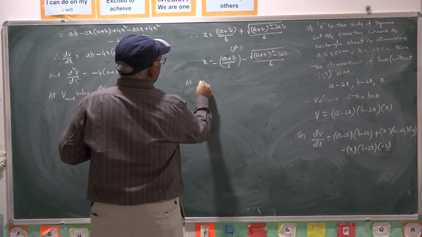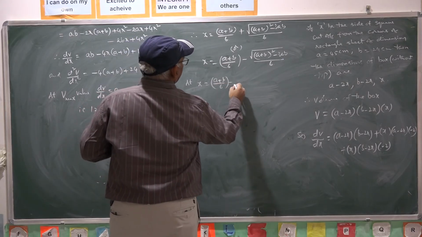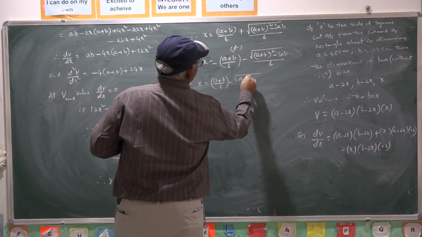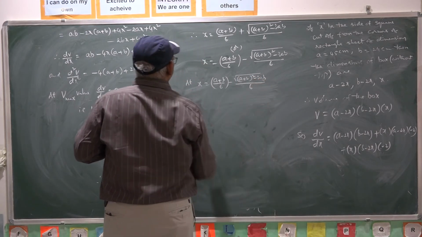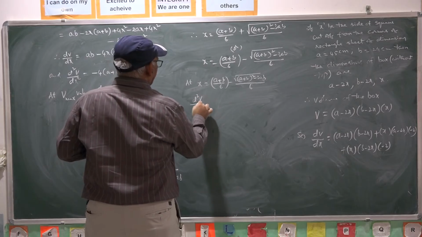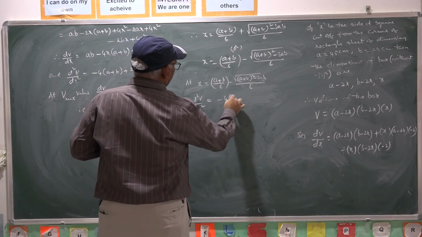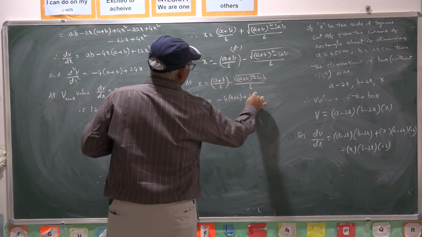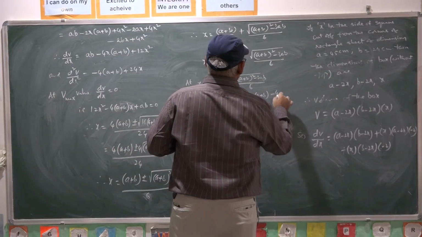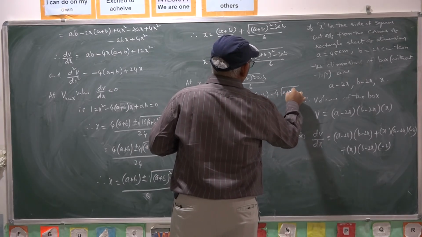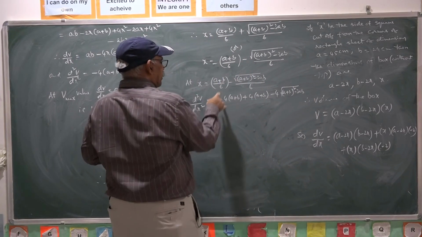So, at x equal to (a plus b) by 6 minus the square root of (a plus b) whole square minus 3ab by 6, the second derivative d square V by dx square is minus 4 into (a plus b) plus 4 into (a plus b) minus 4 into root of (a plus b) whole square minus 3ab at this value.